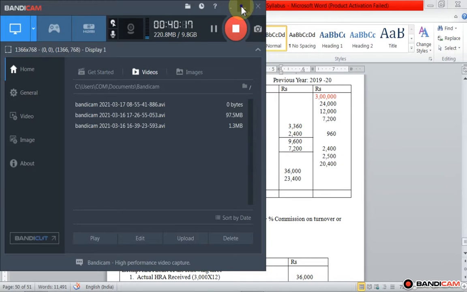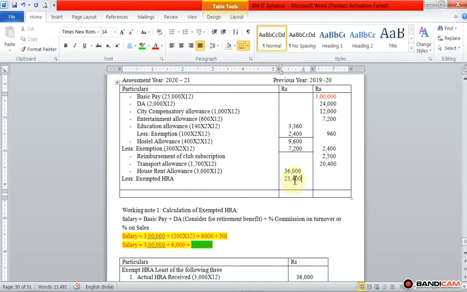So here exempted HRA is 23,400 and the remaining balance is taxable. The remaining balance is 12,600. So 12,600 is taxable.